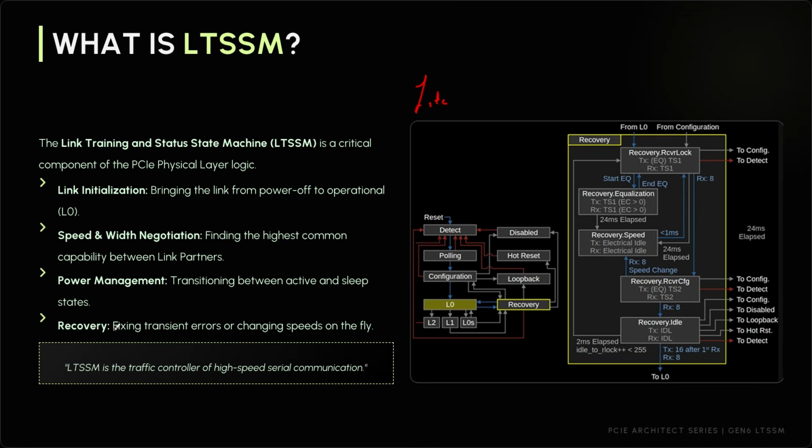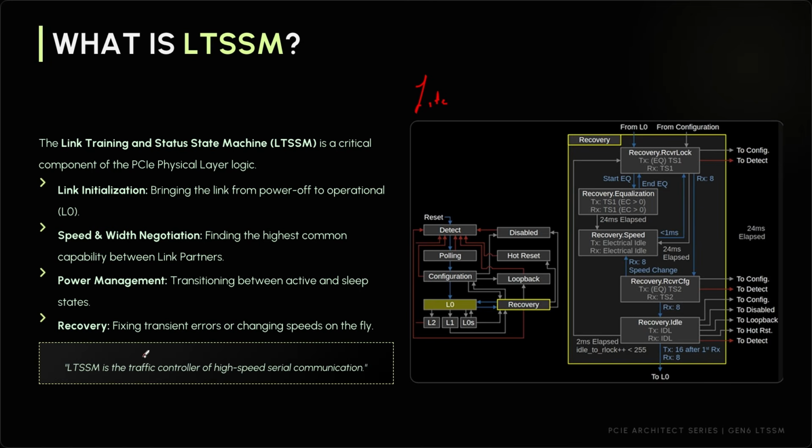And the fourth one is recovery. If an error occurs, LTSSM retrains the link without requiring a reboot. An easy analogy is traffic management. Just like traffic lights control vehicles at an intersection, LTSSM controls the flow of communication between PCIe devices.